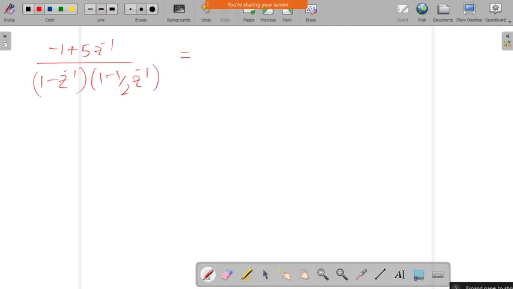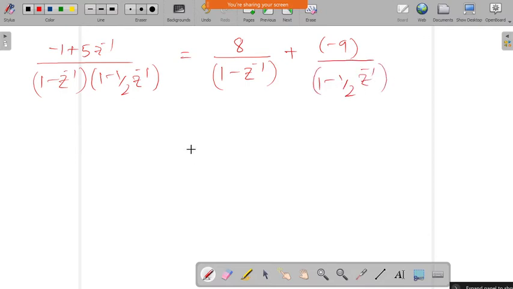This we can write as A is 8 by (1 - z^-1) plus -9 divided by (1 - (1/2)z^-1). Okay. So now this we can take the inverse z transform.